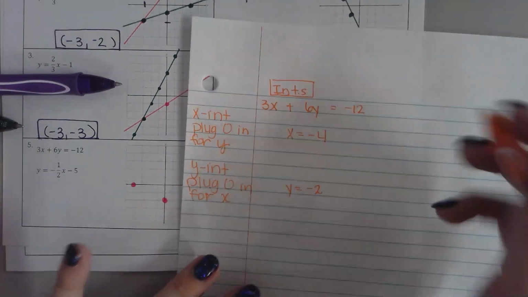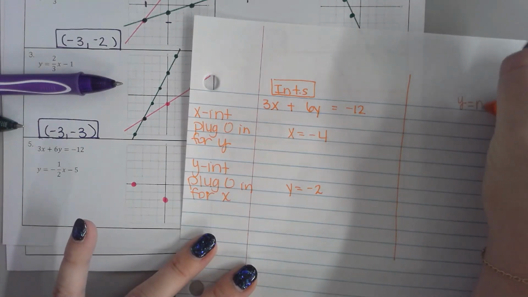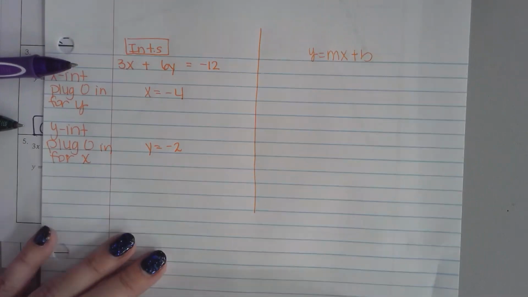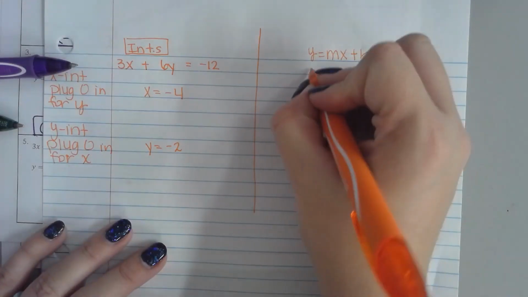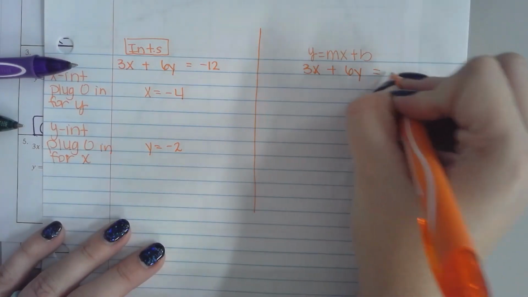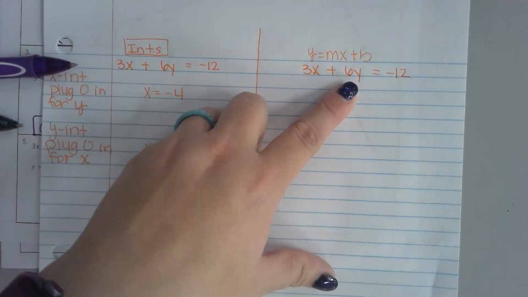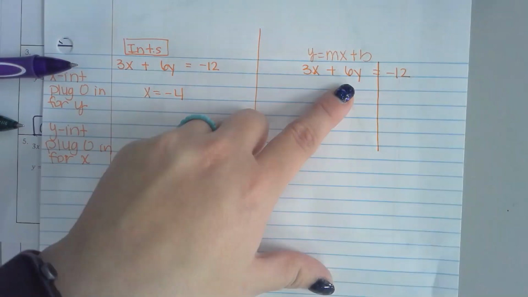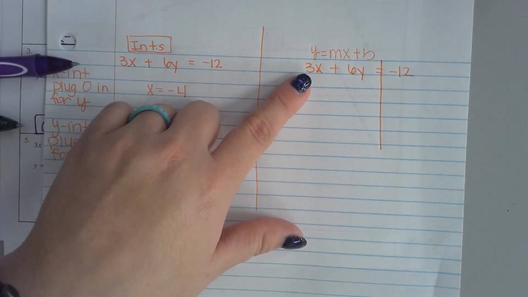The other way is by putting it into slope-intercept form, actually converting it. So if we have 3x plus 6y equals negative 12, what I could do is try to get the y by itself. So we need to move the 3x over.